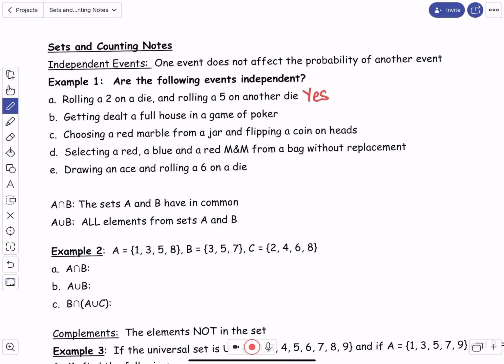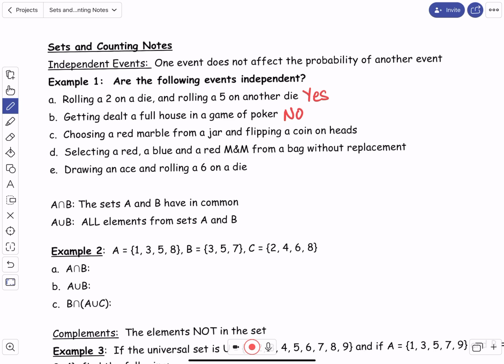And that would be no. That would not be independent because you have to get certain things. Like if you get an ace, then that means that there are only three aces left in a deck of cards. So that means there's less aces left in that deck. So that would be dependent. Those are not going to be independent events.